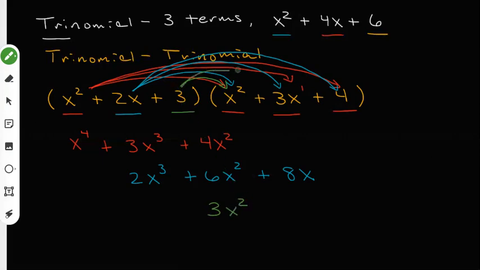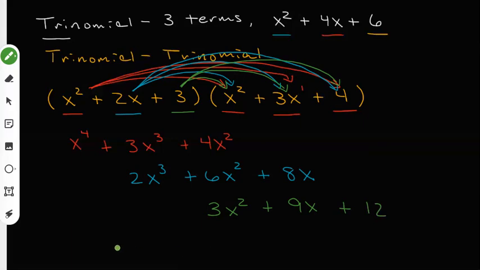Next, we're going to draw an arrow to the next term, which is just 3x. 3 times 3x is going to give you 9x. And then the last thing I'm going to do is multiply the 3 by the 4. What's 3 times 4? That would just be 12.